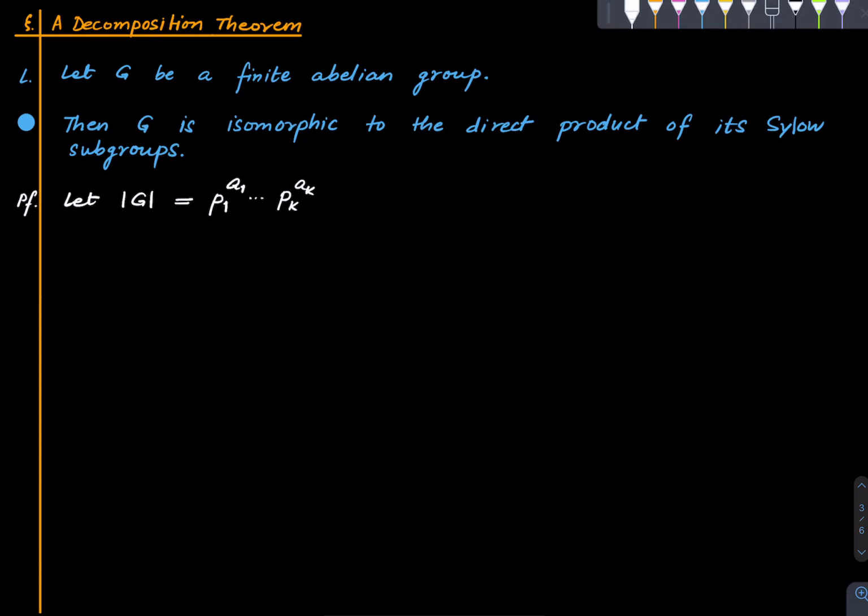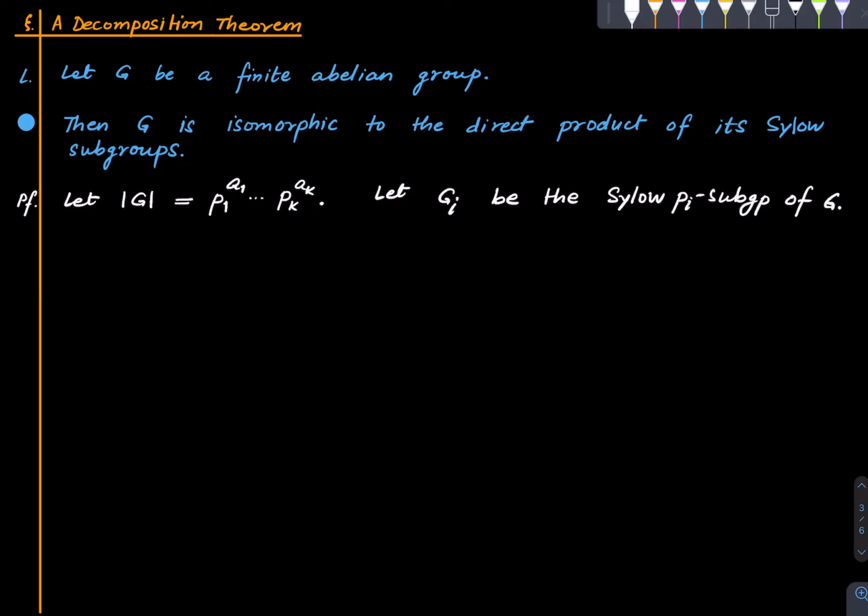And let Gi be, because of the uniqueness, the Sylow pi subgroup of G.